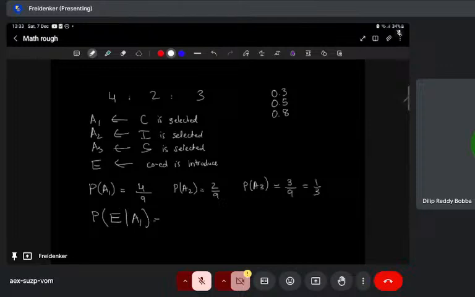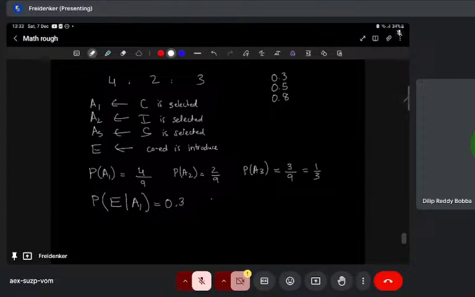This is 0.3. I'm just writing the question in terms of probabilities. Then we will look into Bayes theorem later. Probability of co-education being introduced given Chatterjee is selected is given to be 0.3.